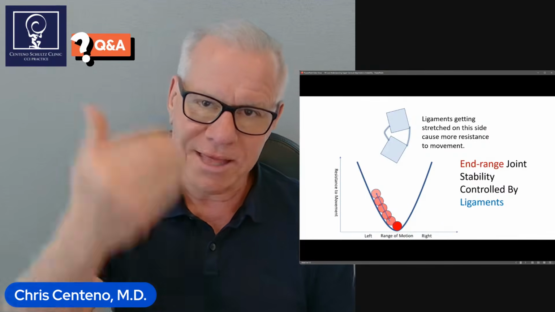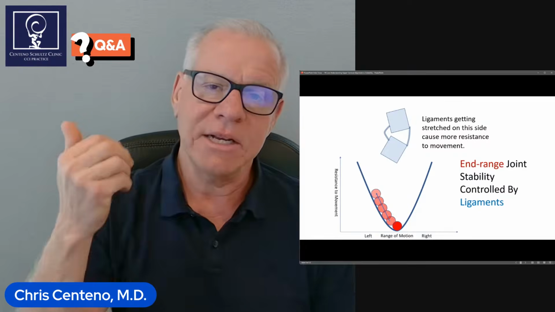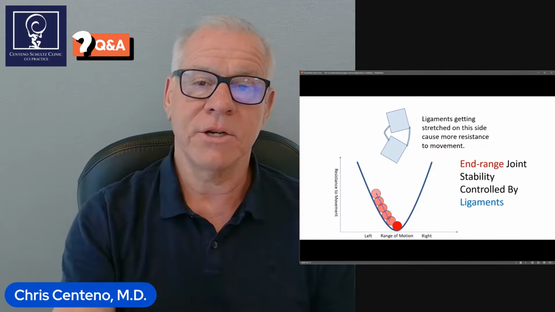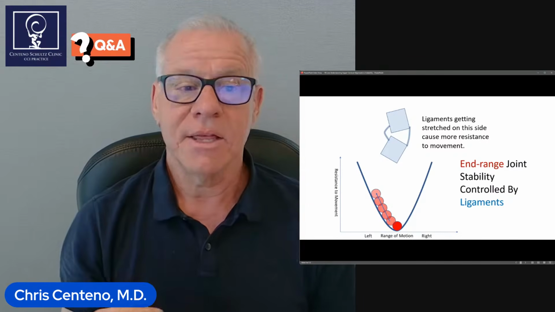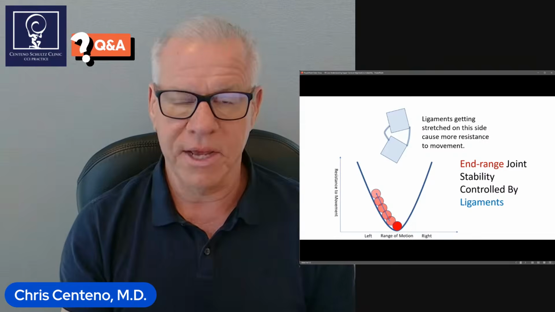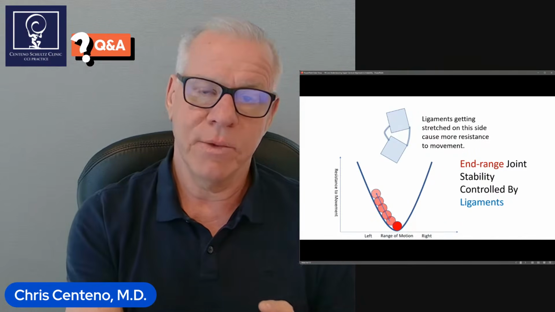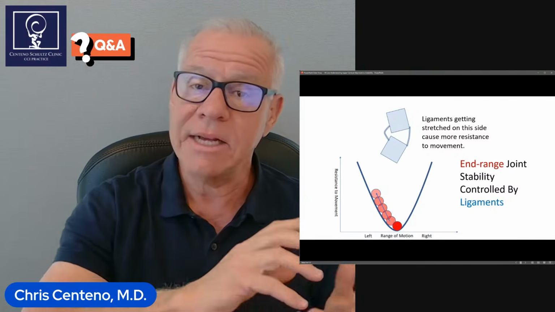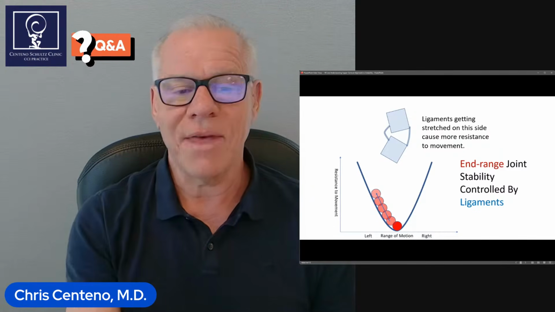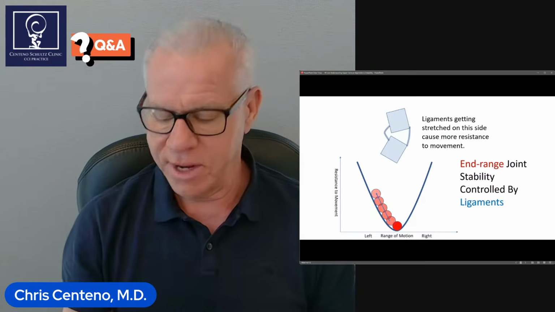At some point you hit the ligament, and that ligament doesn't allow it to go any further, and it starts to push back. That's normal. That's what ligaments do. So in craniocervical instability, you get to that end of range of motion, but then it continues to move and you don't have that resistance at the end range.